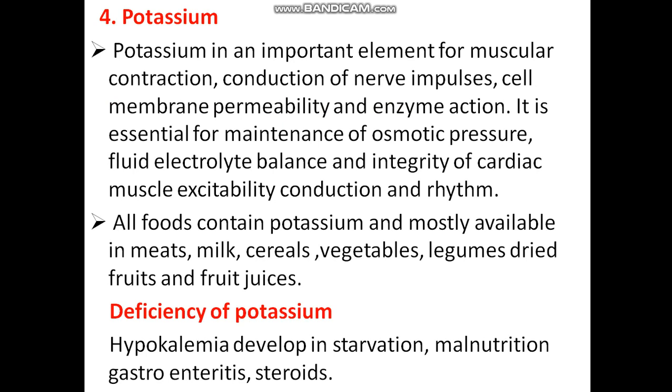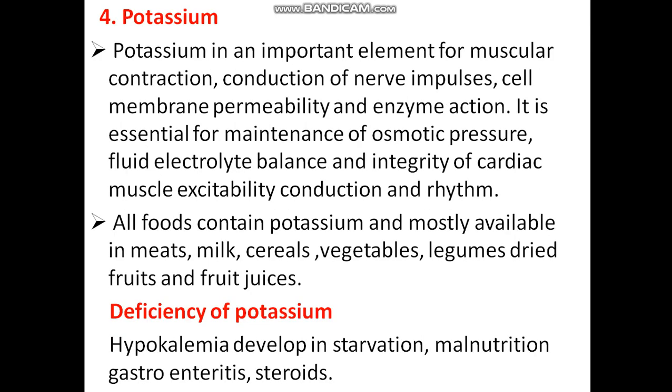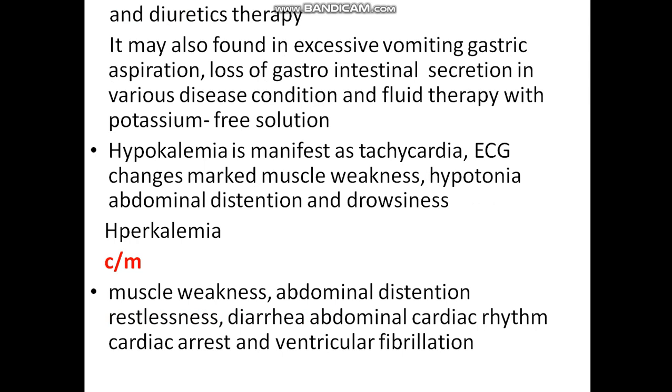Deficiency of potassium is called hypokalemia. Hypokalemia develops in starvation, malnutrition, gastroenteritis, and steroid and diuretic therapy.